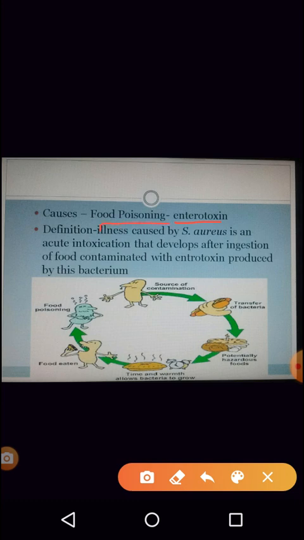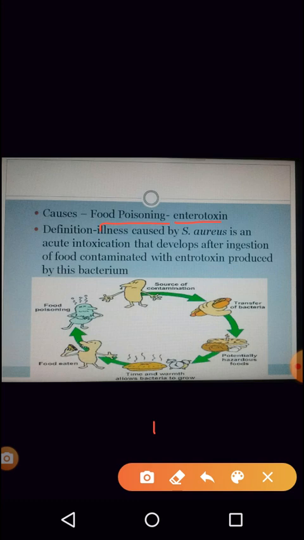Now, according to WHO, the definition of food poisoning caused by Staphylococcus aureus is an acute illness that develops after ingestion of food contaminated with enterotoxin produced by this bacterium.